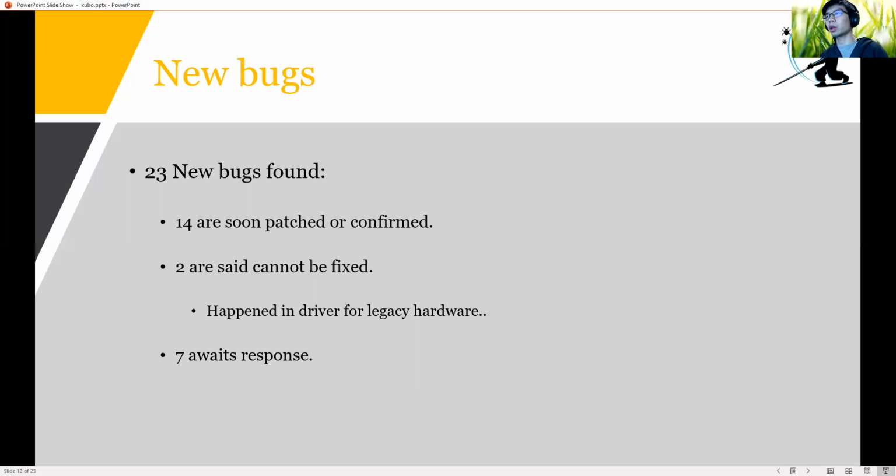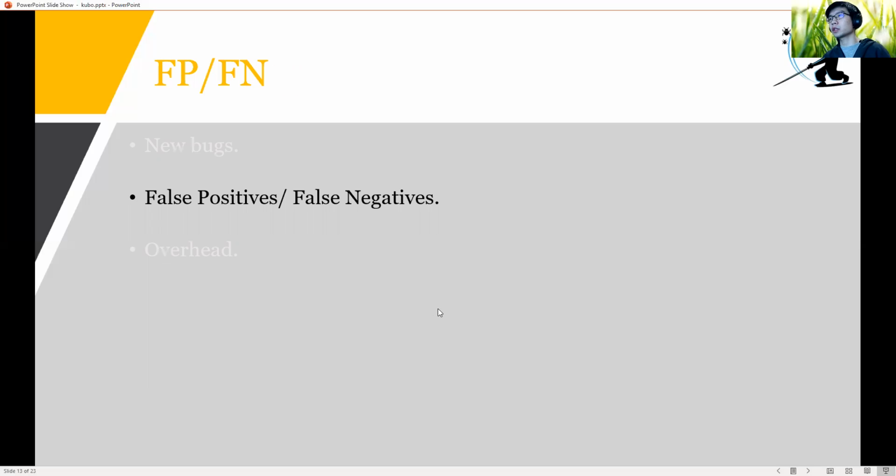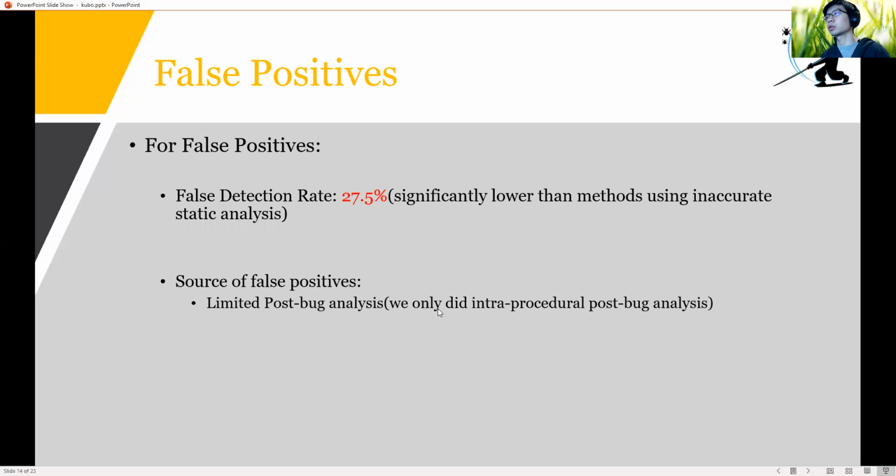Among them, 14 are confirmed or patched. Another 2 cannot be fixed due to various reasons, like the bug happening in the driver for legacy hardware, so the influence of the bug cannot be analyzed. For the remaining 7 bugs, we believe them to be true, but we didn't get any feedback, so we'll see.